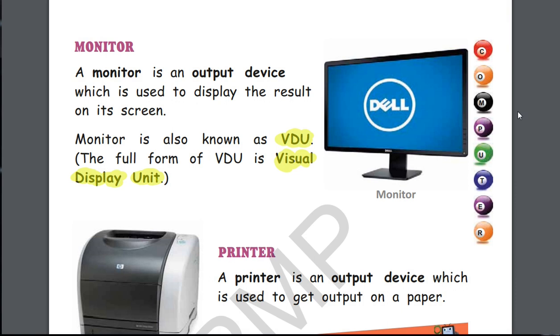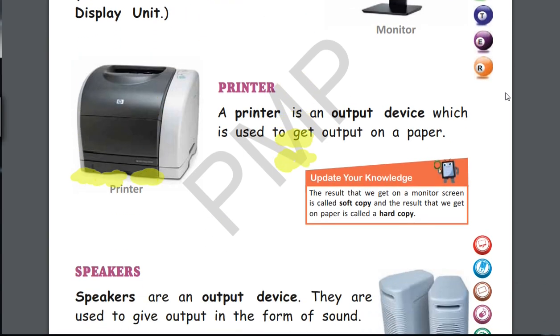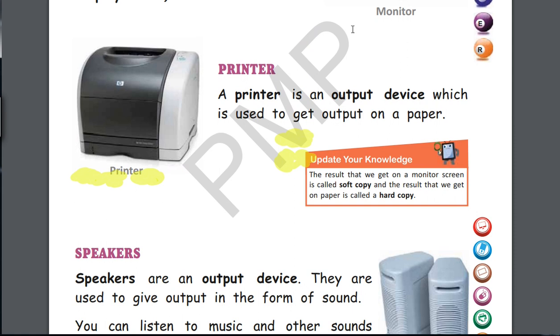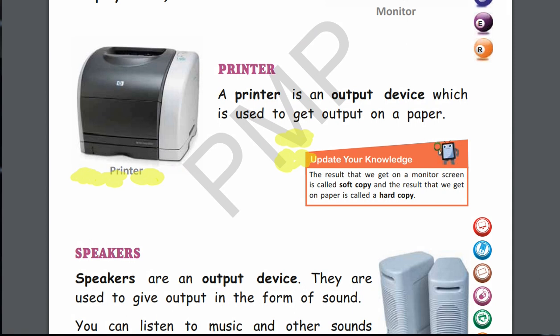Now, what is a printer? Printer is an output device which is used to get output on a piece of paper. Now, the result that we are getting on the monitor screen, what is that called?